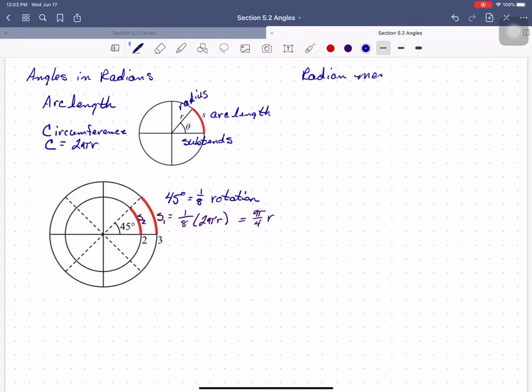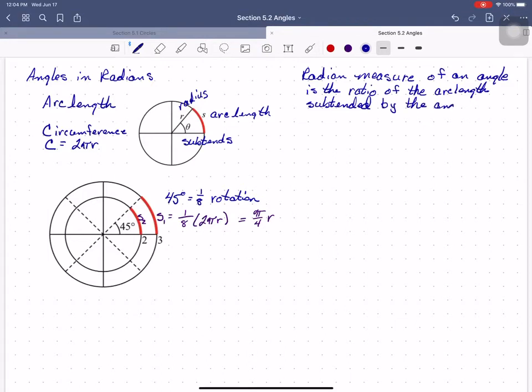A radian measure of rotation or of an angle is the ratio of the length of the circular arc, in other words, the arc length, that results when you rotate that measure of angle around the circle, in other words, subtended by the angle, to the radius of the circle.